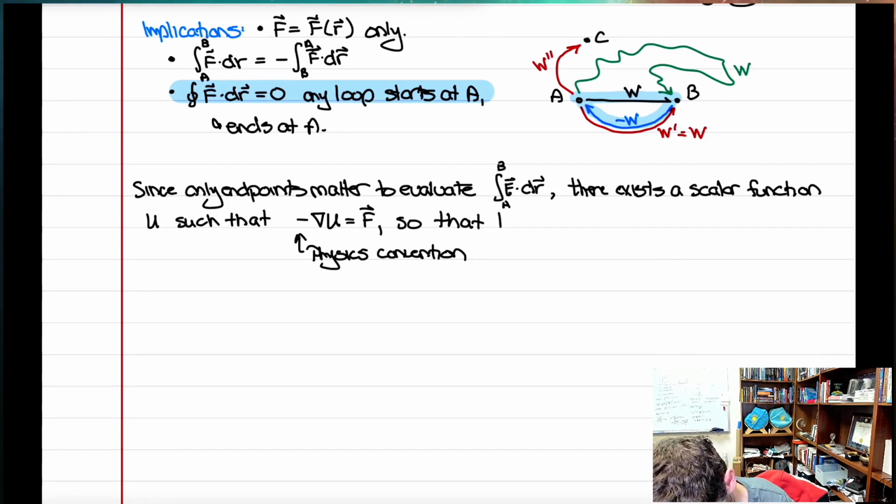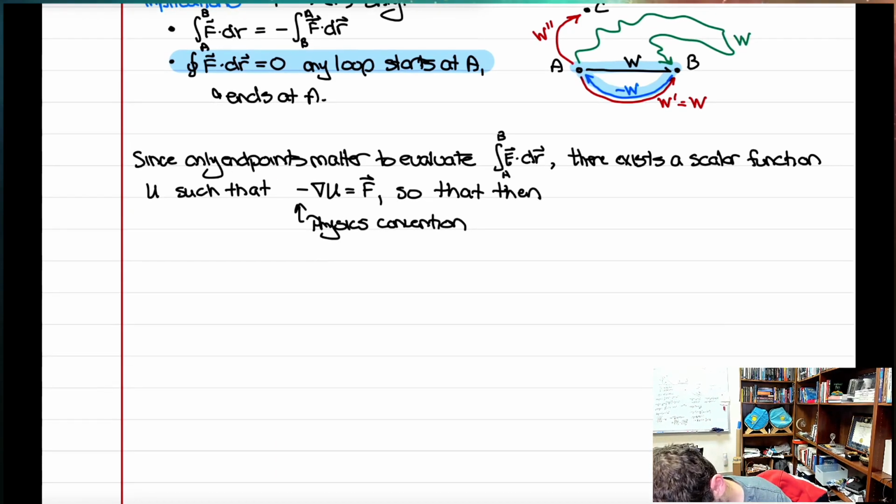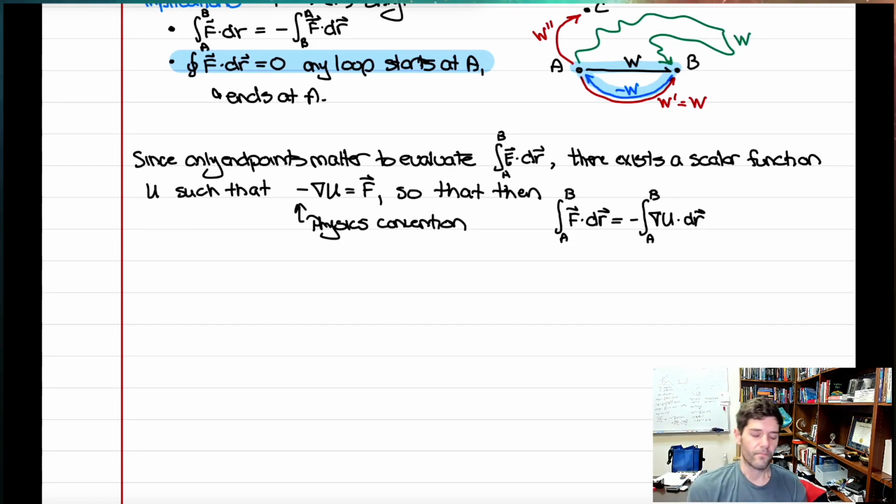So that then, let me skip down here, the integral of f dot dr from a to b is then the same thing as the negative gradient of u dot dr, which again, the gradient is a vector, so taking a dot product still is fine.